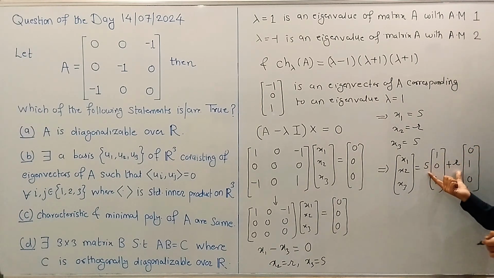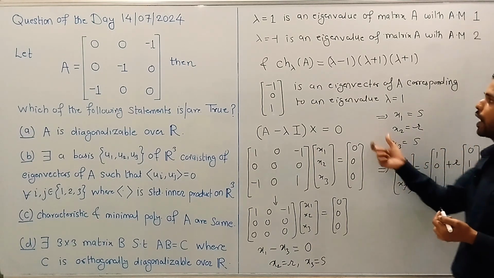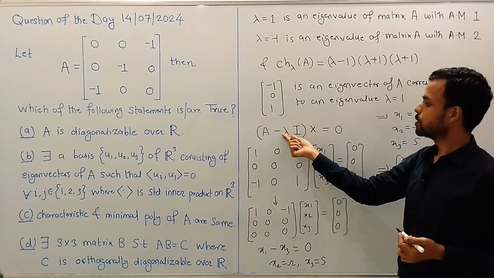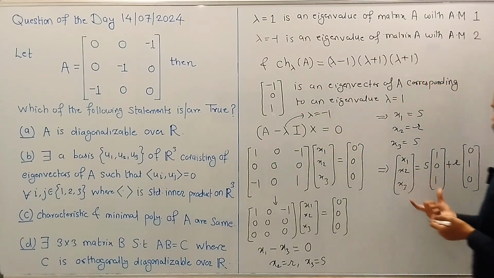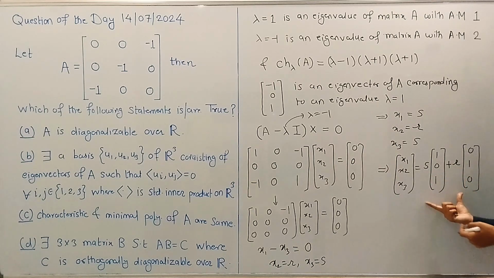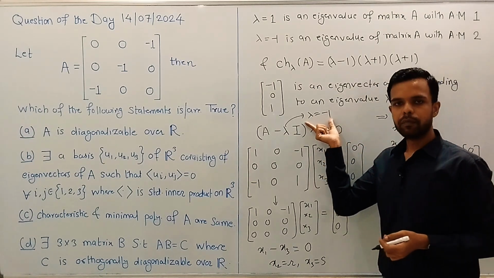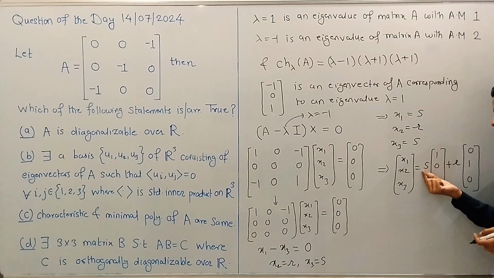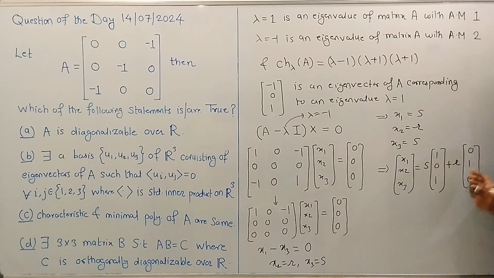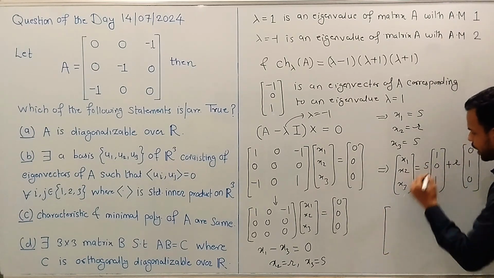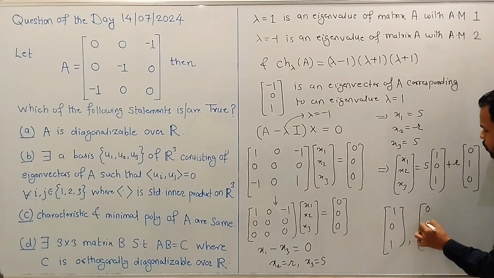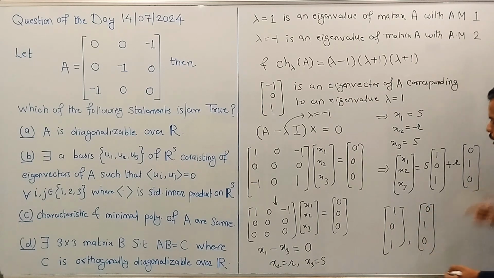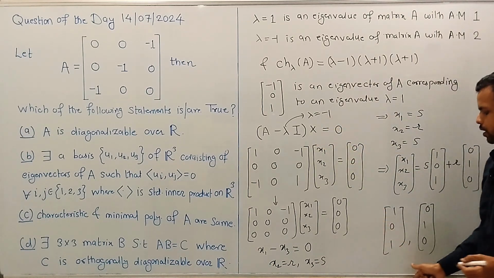For different values of s and r, we get different eigenvectors corresponding to eigenvalue lambda equals minus 1. For simplicity, we will choose s equals 1 and r equals 1. So we get the eigenvectors 1, 0, 1 and 0, 1, 0 corresponding to eigenvalue lambda equals minus 1. So remember this.